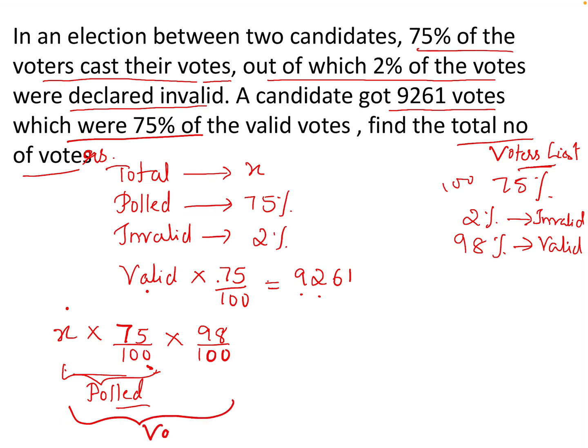Next, we know that 75% of valid votes are 9261. So 75% of these valid votes are 9261. When we solve this, we'll get the value of X, and they are asking X only, the total number of voters.